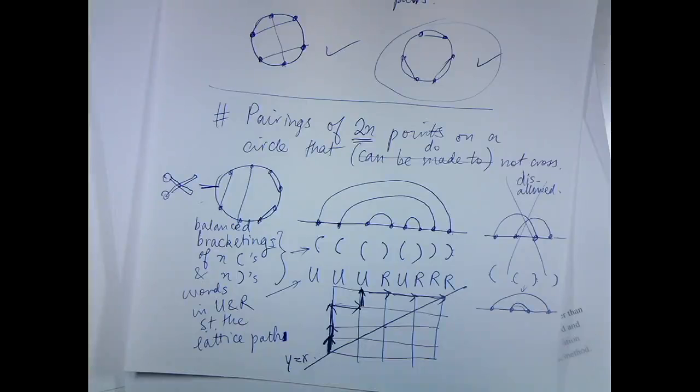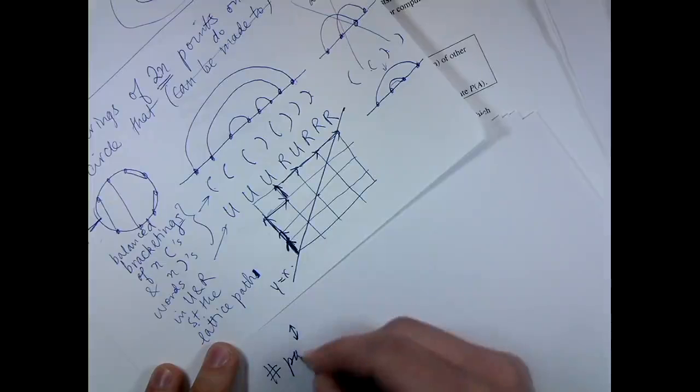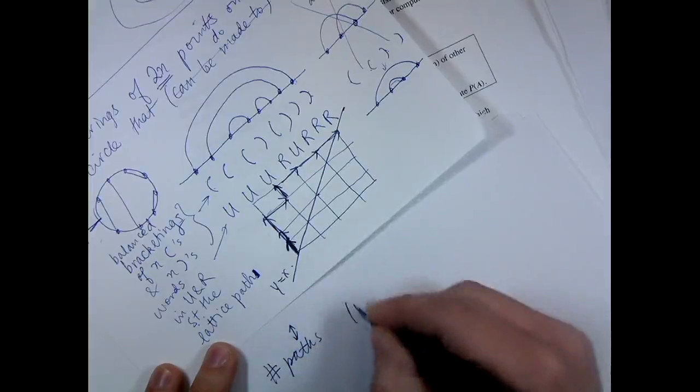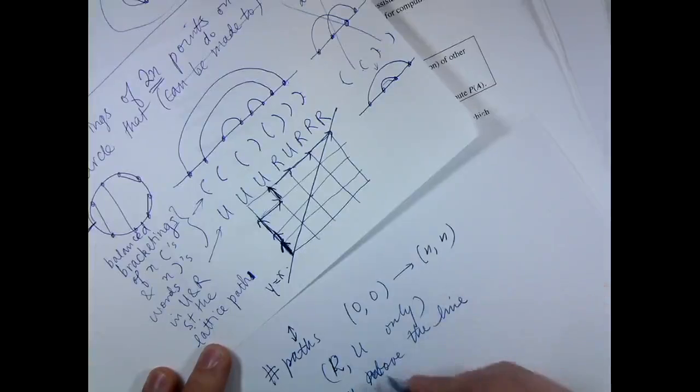I don't have that much time, so I'm going to do it very quickly just to get you the formula. So this is a bijection with the number of paths from 0,0 to n,n, right and up only, and stay above, greater than or equal to, the line y equals x.